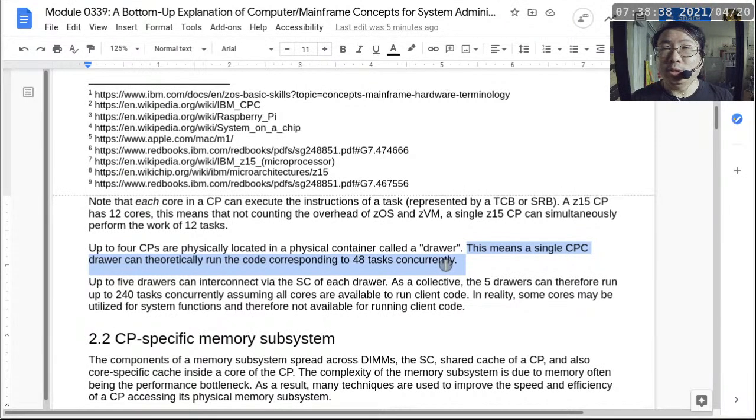In the case of DB2, DB2 by itself can be split into a number of tasks to perform concurrent database work at the same time.